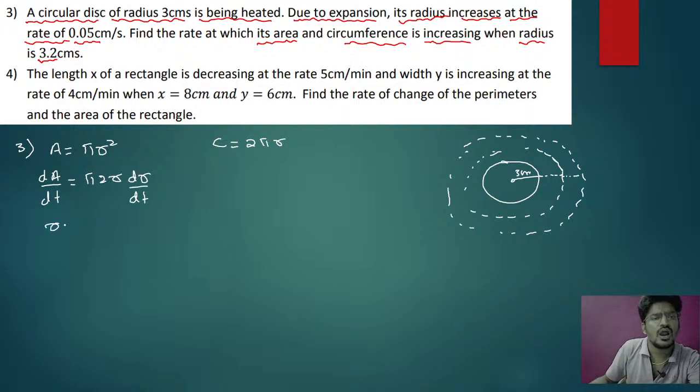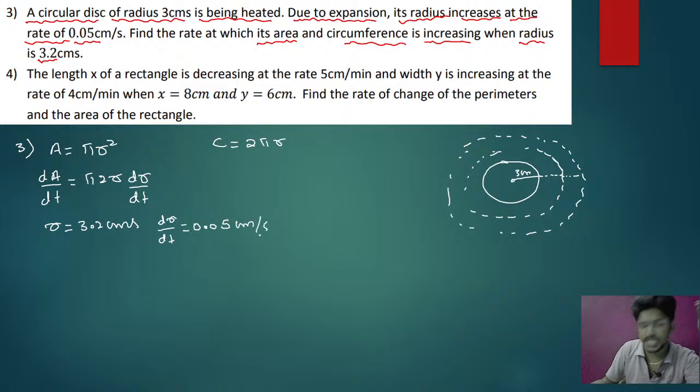Clear? So r is equal to 3.2 centimeters, given when they need the area, and the rate of change of the radius is also given as dr by dt, which is equal to 0.05 centimeters per second.